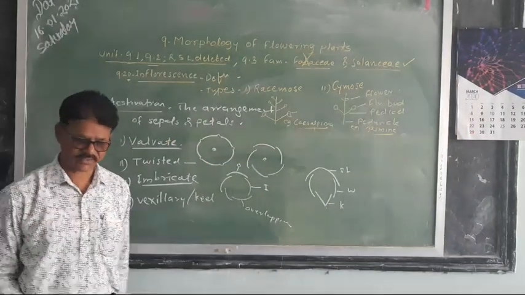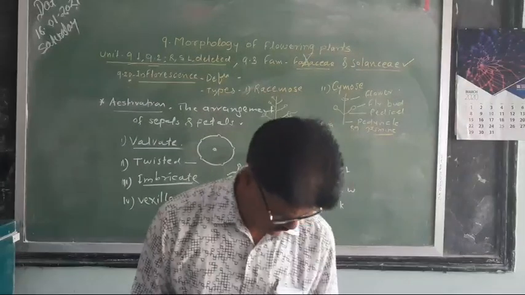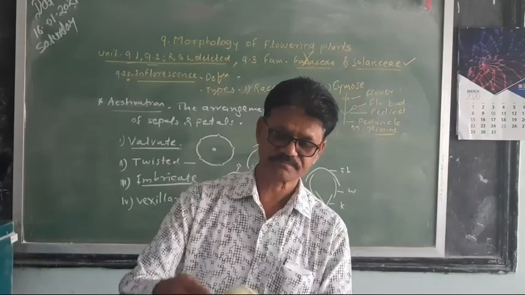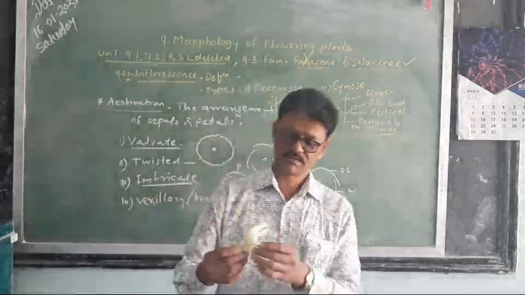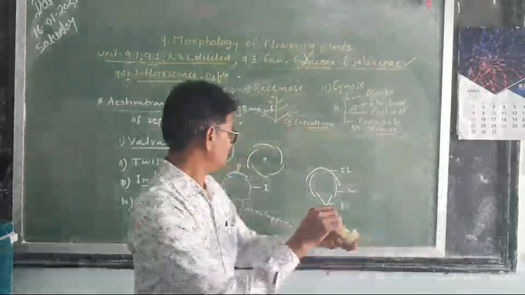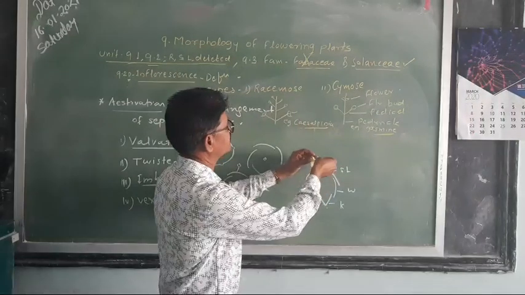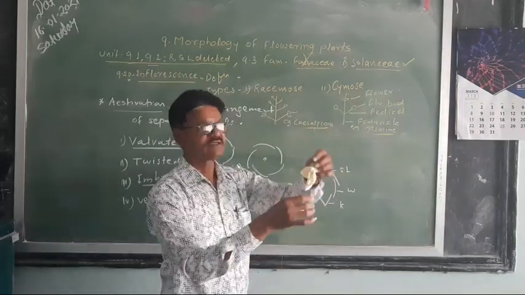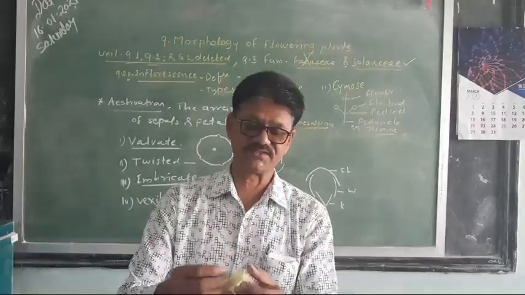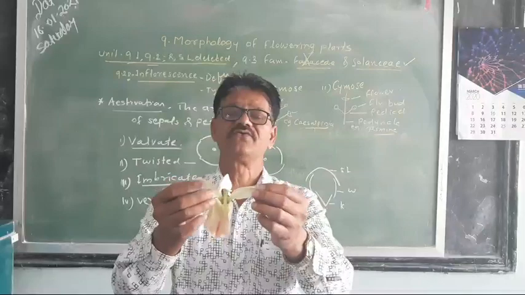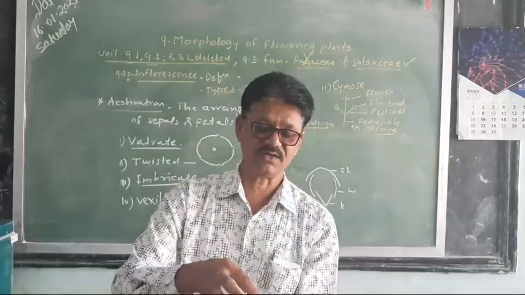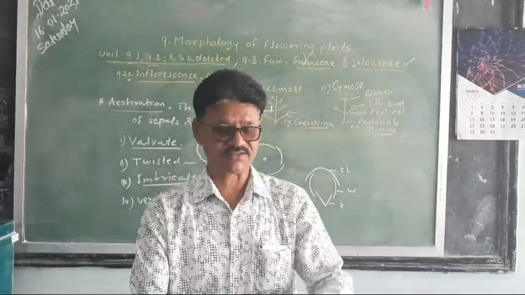Both are boat-shaped petals. For this, I collected an example. Commonly used is Agati. This one is the standard. These two are wings, and these two are called the keel, like this.